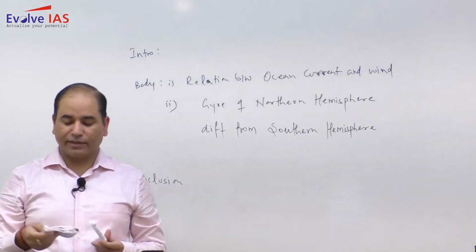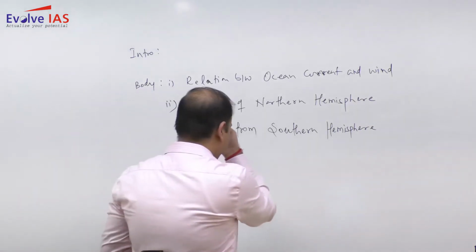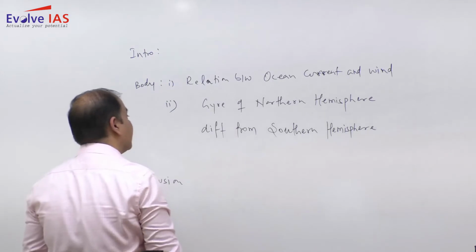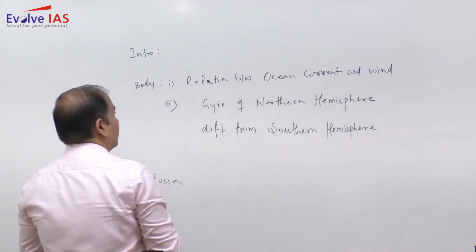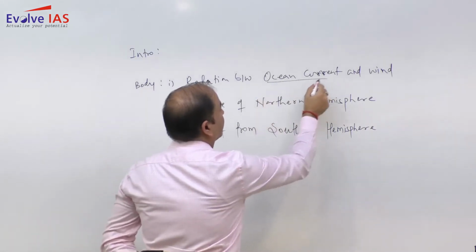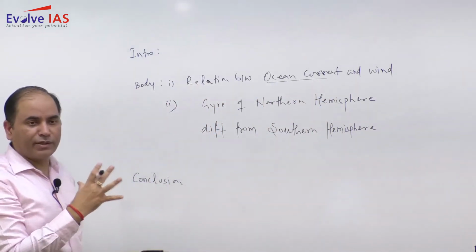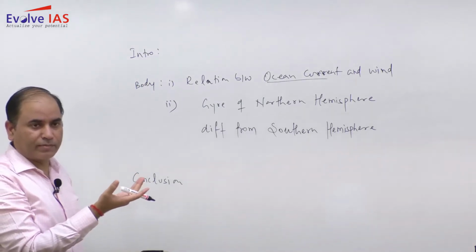So you need to write both the gyres, how they are different in case of the northern and in case of the southern hemisphere. As far as the first part is concerned, it is not asking what is an ocean current, but the question is primarily from the ocean topic. So it is a question based on the ocean current topic.